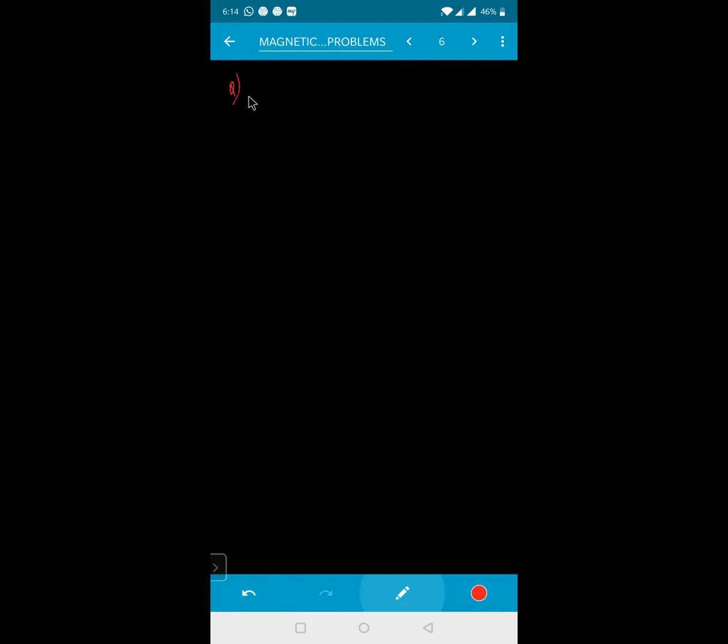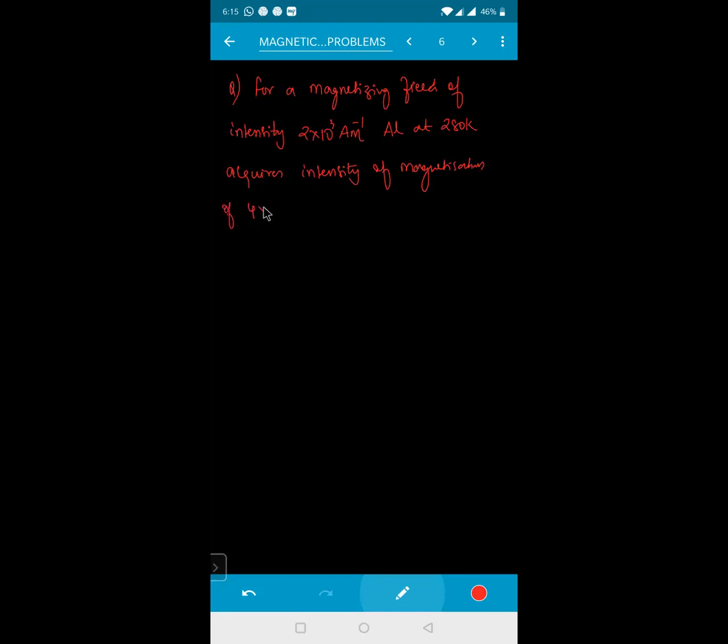See this question. For a magnetizing field of intensity 2 into 10 to the power of 3 ampere per meter, aluminum at 280 Kelvin acquires an intensity of magnetization of 4 into 10 to the power of -2 ampere per meter.